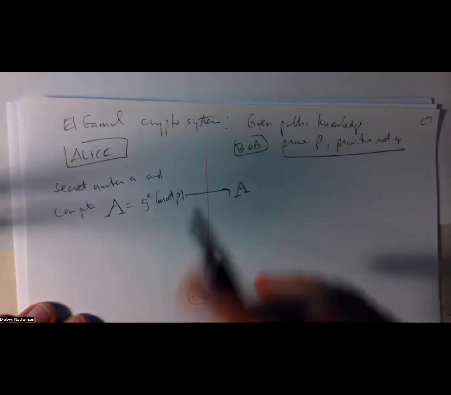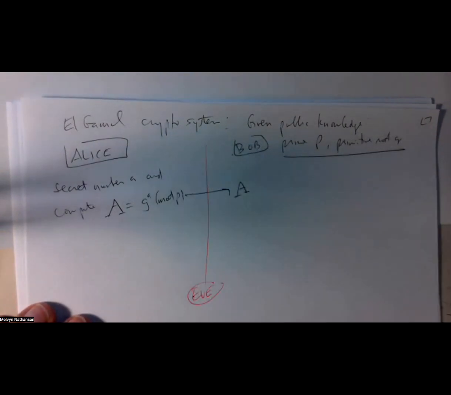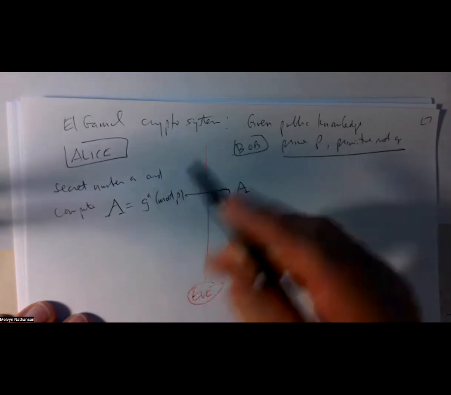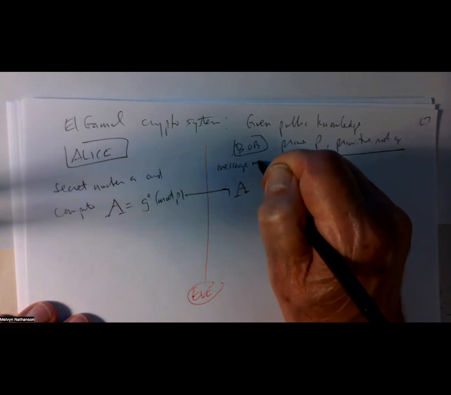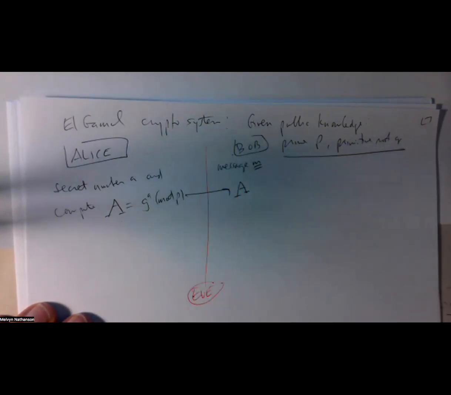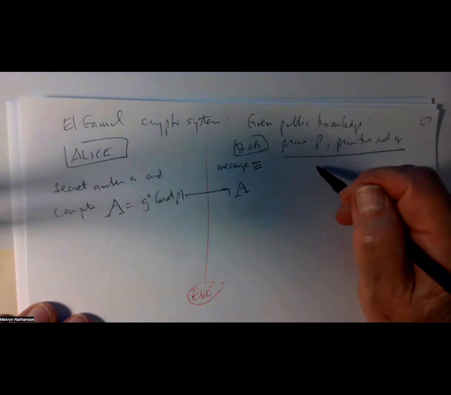Let's say it's actually Bob who wants to send a message to Alice. Right? So Bob has some message M. Right? It's a number. That's the message between 2 and P.